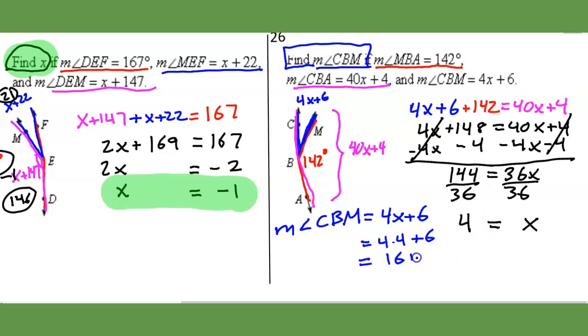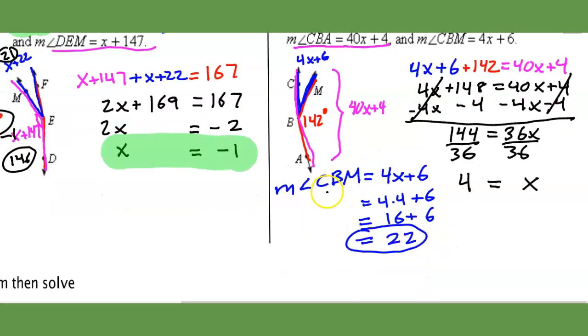So 16 plus 6, and that will be 22. There's our final answer. Okay, go on to the next.